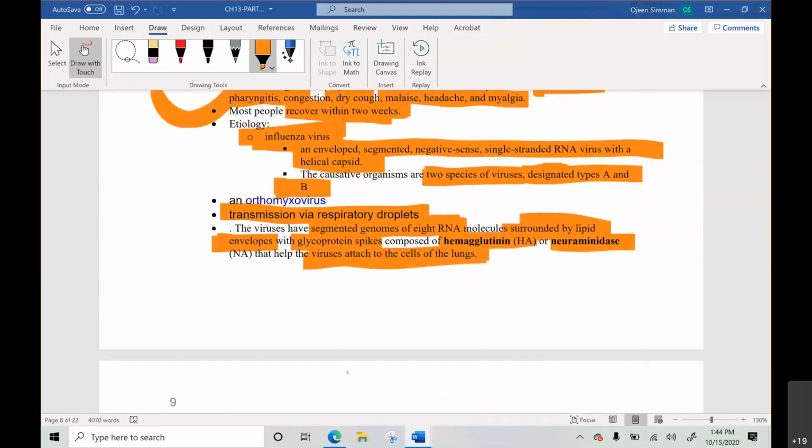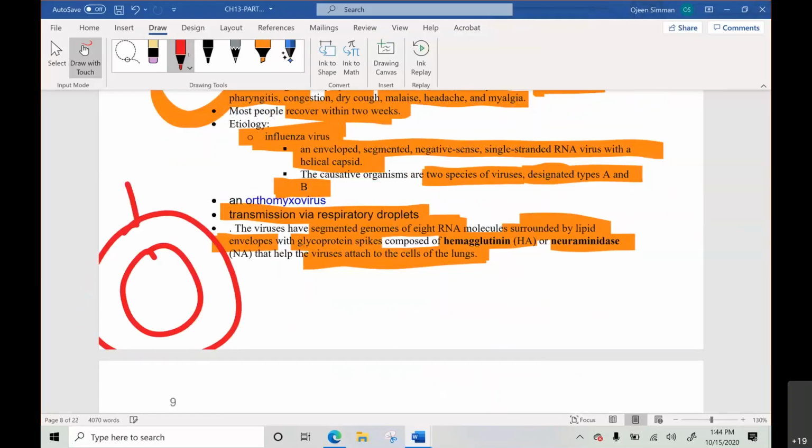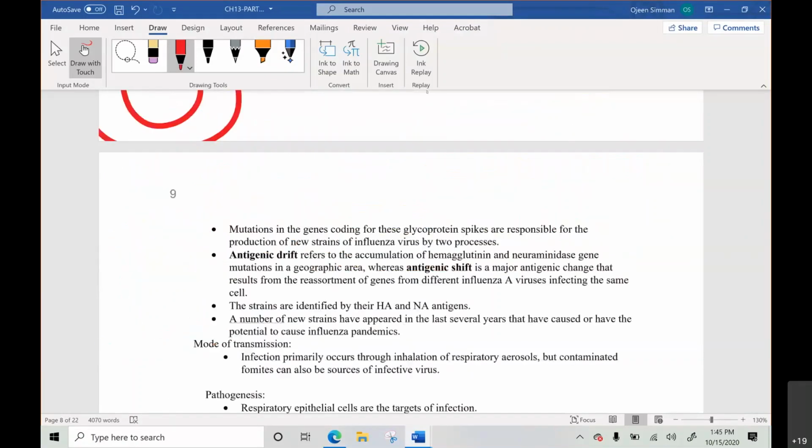So imagine it like this. It has an envelope and it has 2 spikes, hemagglutinin, HA, and neuraminidase, NA. Now, this next part is important.